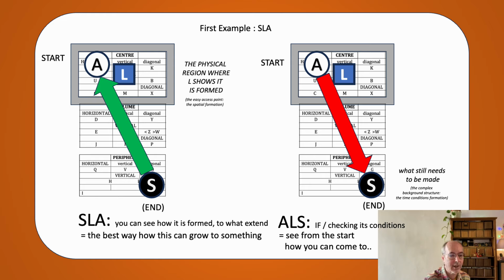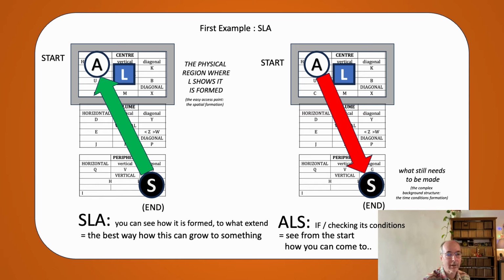So you have SLA. So you go from the end cycle, the end position, from the large structure to the first existing pinpointing reference point in the physical region.